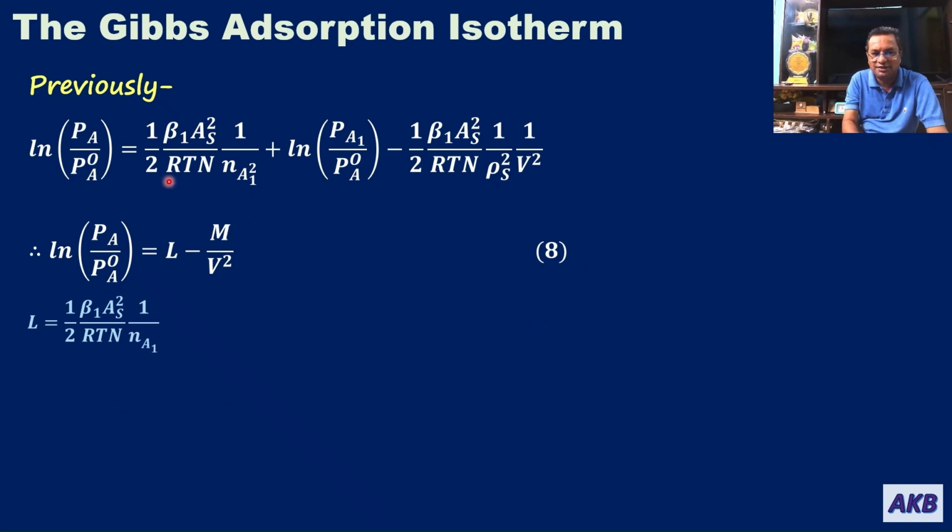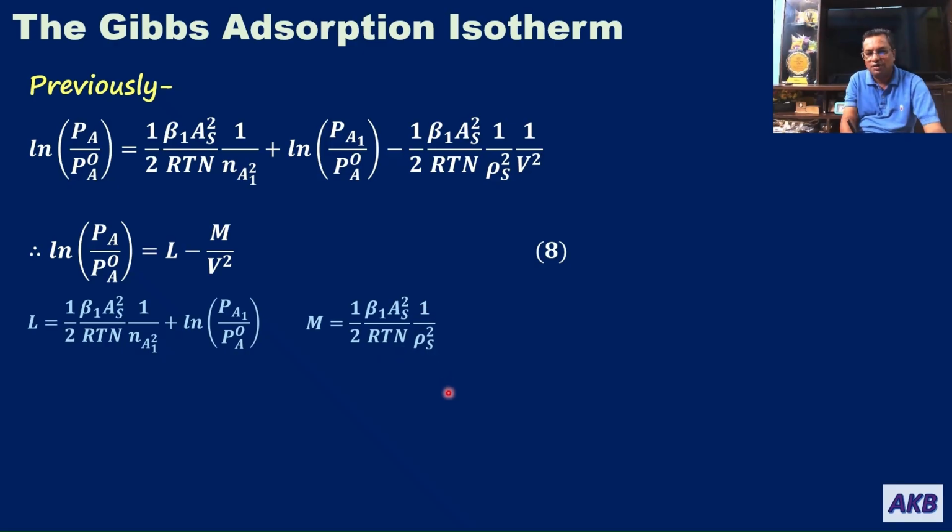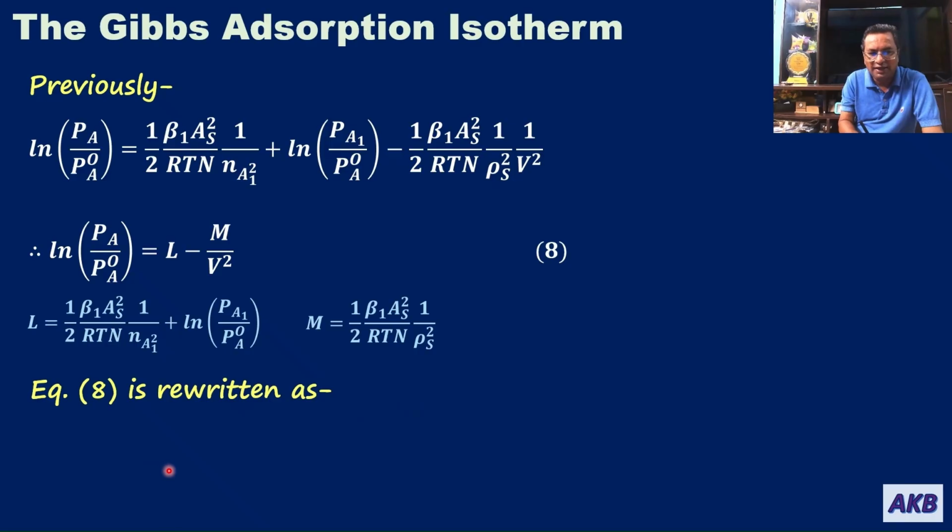L is nothing but this term, 1 by 2 beta 1 A square upon RTN 1 into 1 upon Na1 square plus ln of Pa1 upon Pa naught, whereas M is 1 by 2 beta 1 A square upon RTN into 1 upon rho A square.